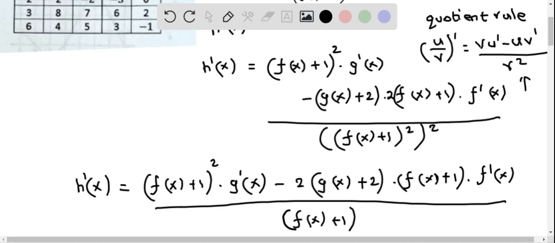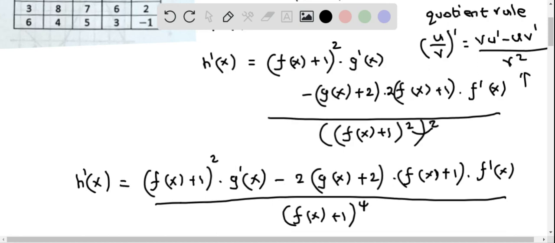This is 2 power 2 is 4. That is, these two powers get multiplied. So it is raised to the power of 4.